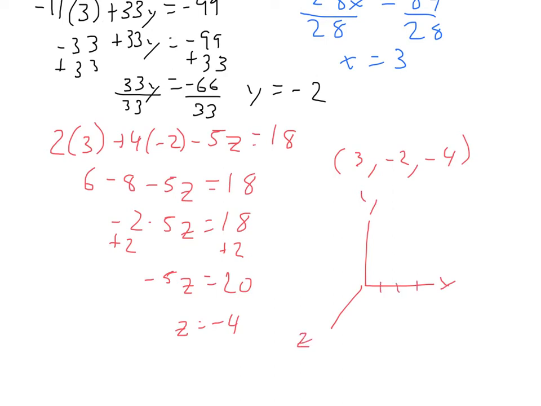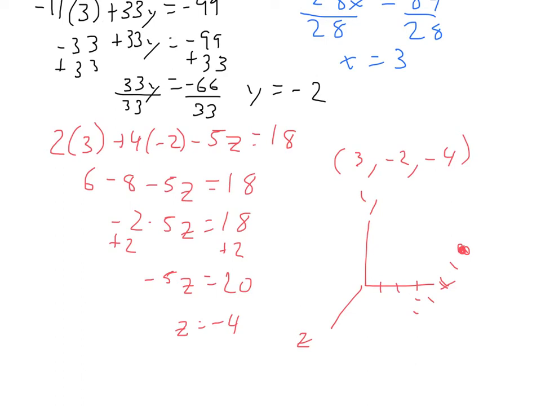I'd go down 1, 2, and I go diagonal, but in the opposite of the z-axis angle. 1, 2, 3, 4. So that would be where that point is.